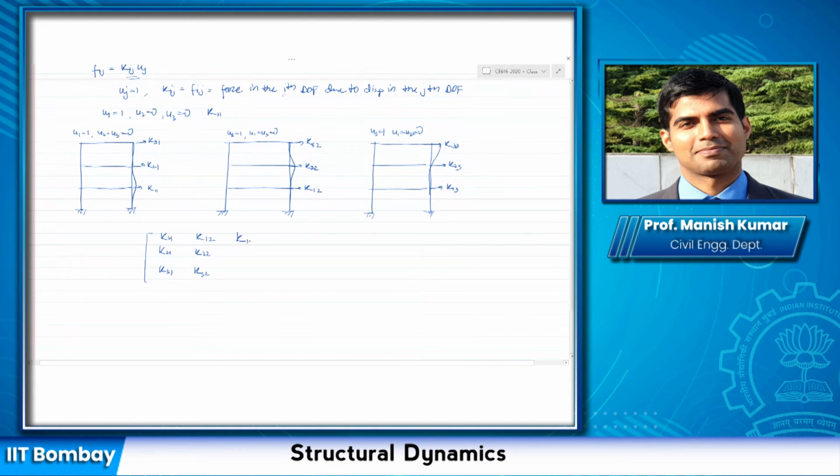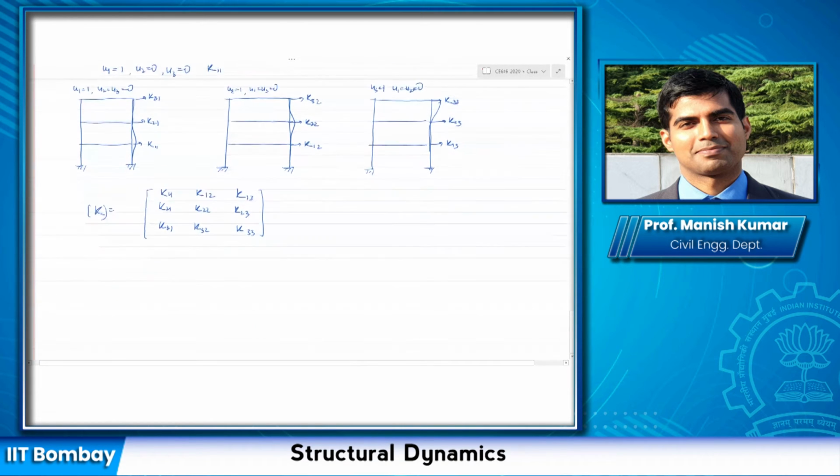It would be K13, K23, K33. And I have done it for a 3 degree of freedom system, but it can be extended for a multi-degree of freedom system, up to, let us say, nth degree of freedom. Okay, doesn't matter. So the idea is, if we do that, then the forces actually provide me the individual columns of the stiffness matrix. Okay, and let us see how I get that K11, K21 and K31.